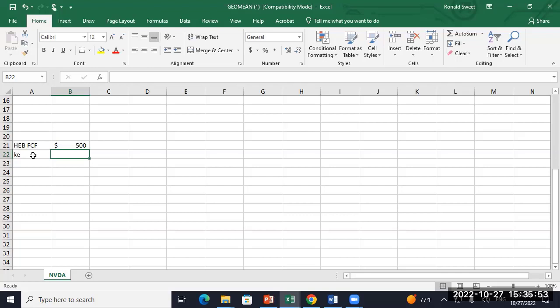All they have is HEB. So what discount rate do we have to use? We have to base it on total risk. Let's say that's 42%. Let's say their growth is, say, 5%. So how much are they worth? We take 500 divided by 0.42 minus 5. And they're worth $1.3 billion.